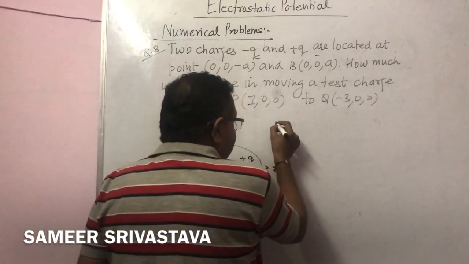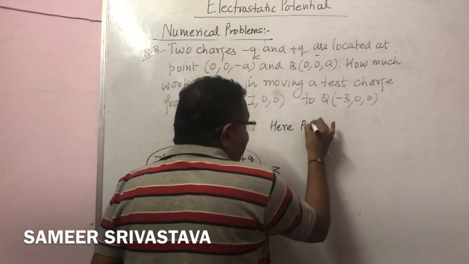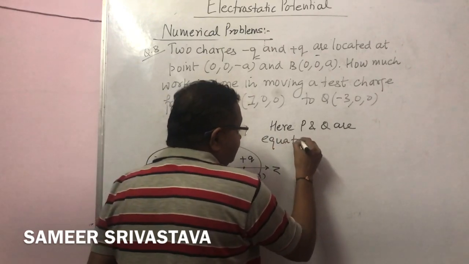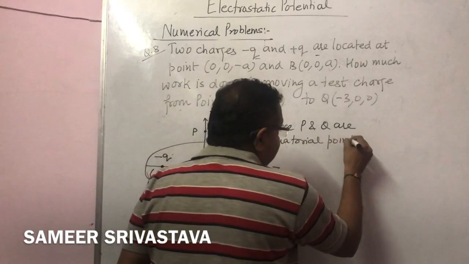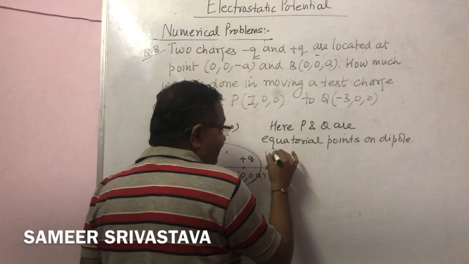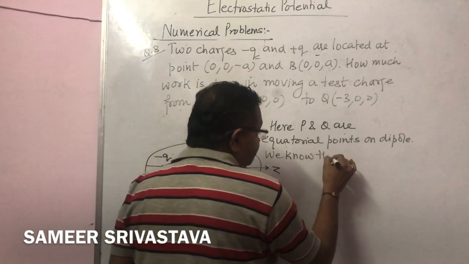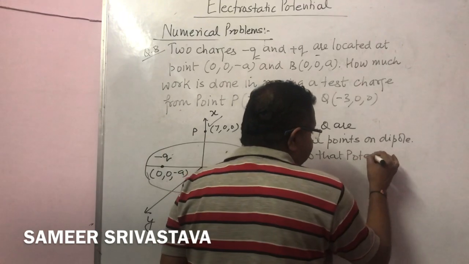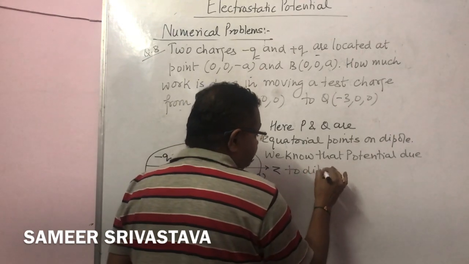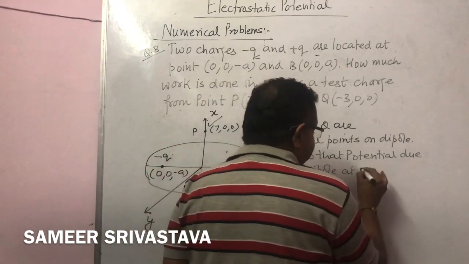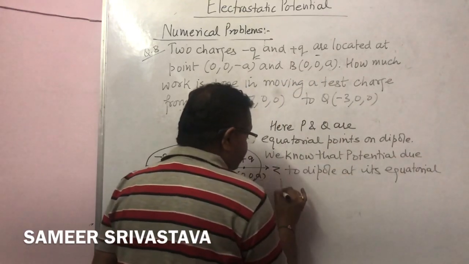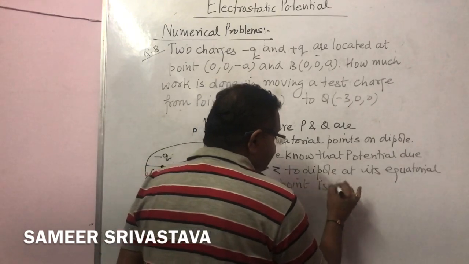So here P and Q are equatorial points on the dipole. We know that the potential due to a dipole at its equatorial point is 0.